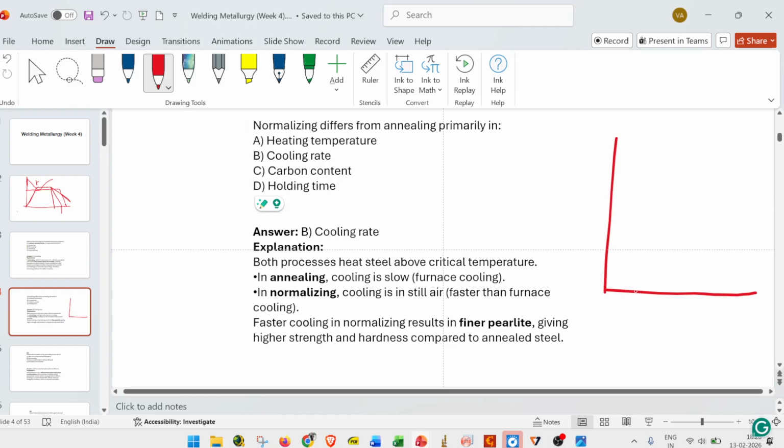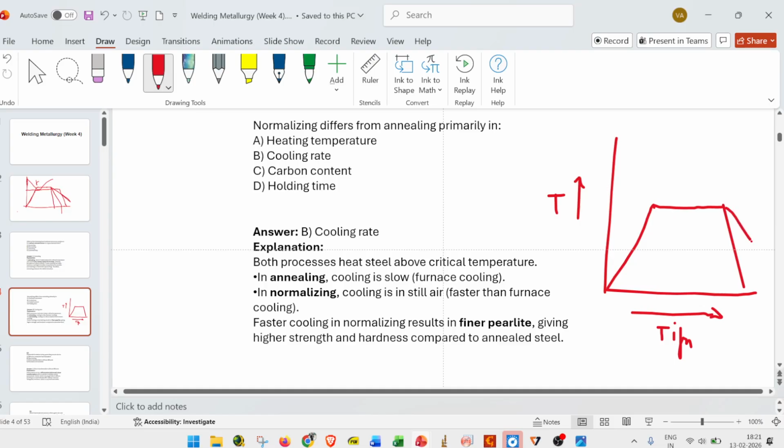Here the x-axis will be time, and the y-axis will be temperature. In both normalizing and annealing, we follow a similar heating rate and similar holding time. The only difference is the cooling rate.